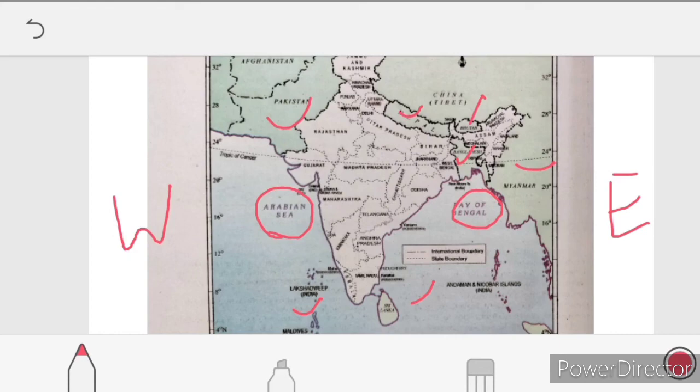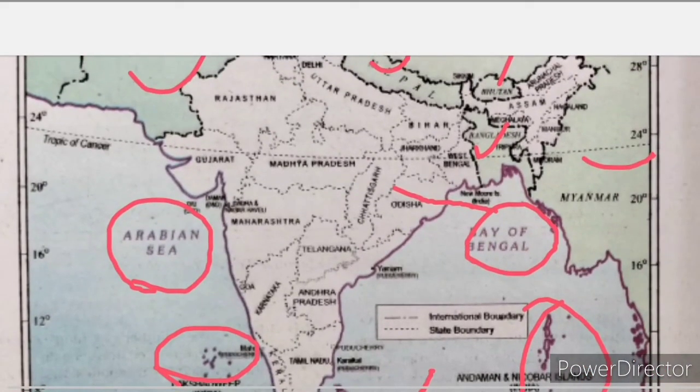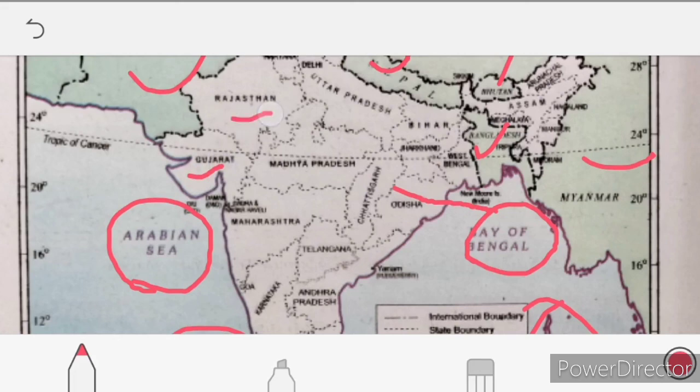Here we see the Lakshadweep Islands and the Andaman and Nicobar Islands. The 23 degree 30 minute north latitude, named the Tropic of Cancer, passes through 8 states of India: Gujarat, Rajasthan, Madhya Pradesh, Chhattisgarh, Jharkhand, West Bengal, Tripura and Mizoram.